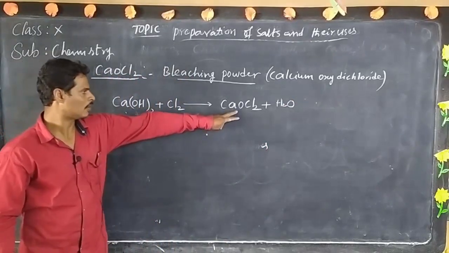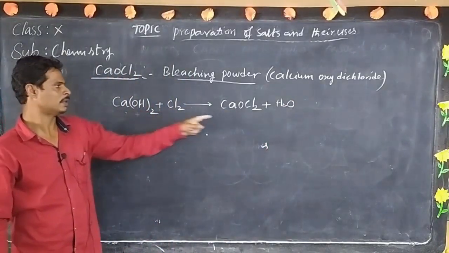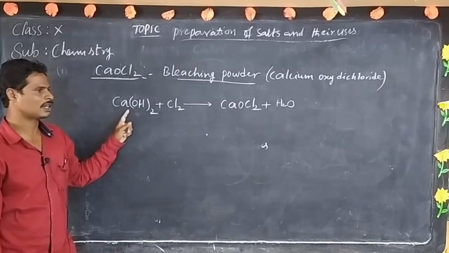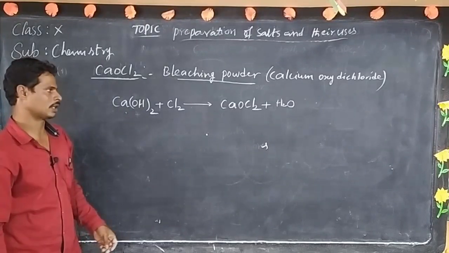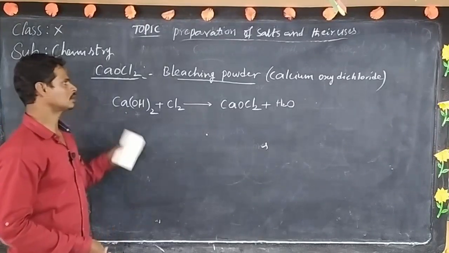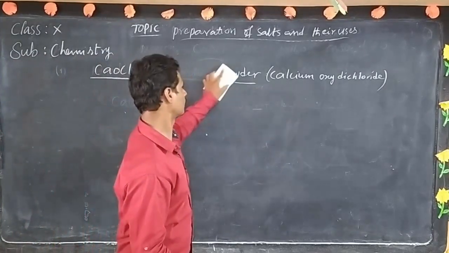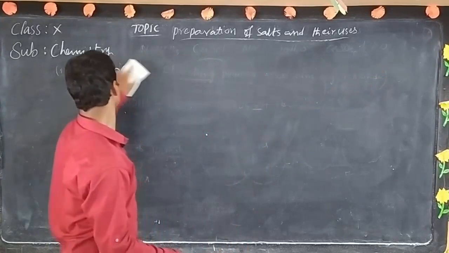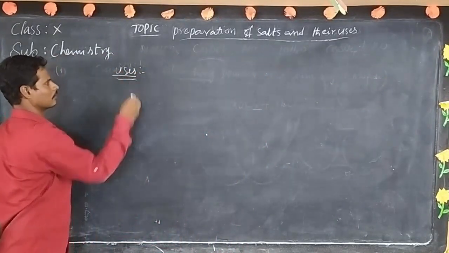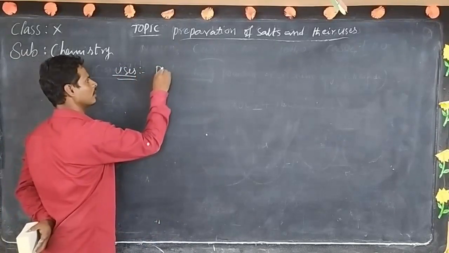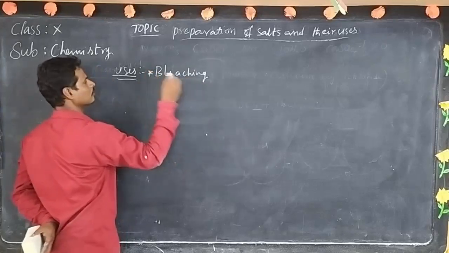How can we prepare bleaching powder? Chlorine gas passes through the slaked lime, and we get bleaching powder. What is the formula of slaked lime? Ca(OH)2. This is calcium hydroxide. Next, what are the uses of bleaching powder? First one, bleaching cotton.